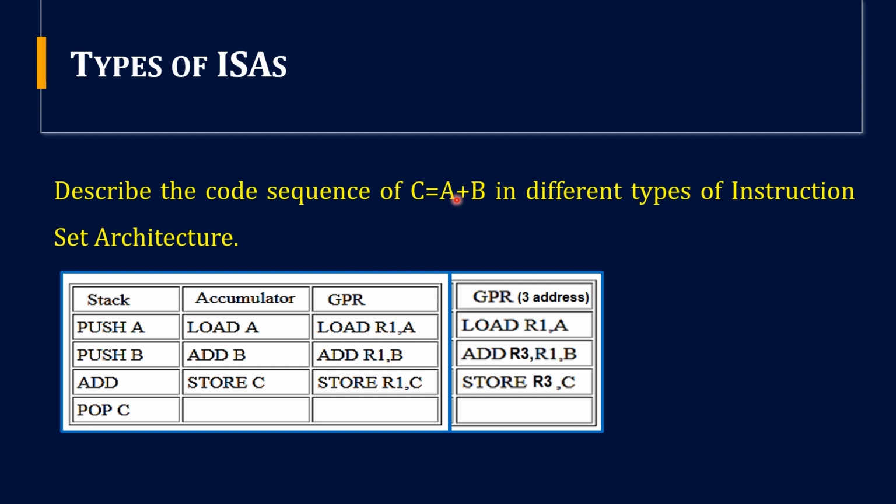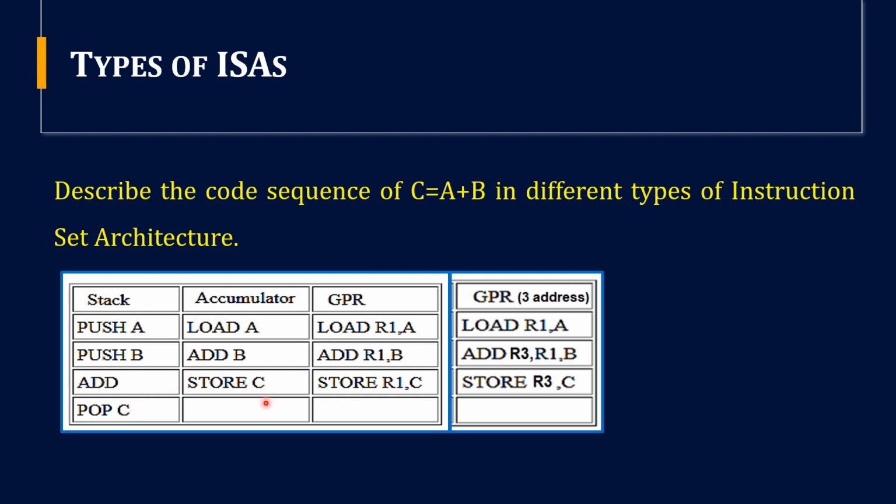The top two elements are taken out of the stack, the addition is performed by the ALU, and the result is stored on the top of the stack itself. From the top of the stack it will be taken out with the help of the pop instruction and the result will be stored in location C. So that's the case of the stack ISA.